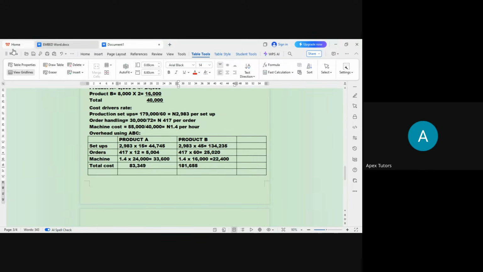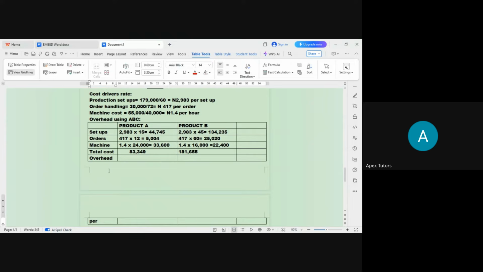Calculate the overhead to be absorbed per unit for each product. Yes. So now, how do we determine the unit value for product A? They're going to divide by the production units. So how many units do we have now? 6,000 for product A. Overhead per unit.